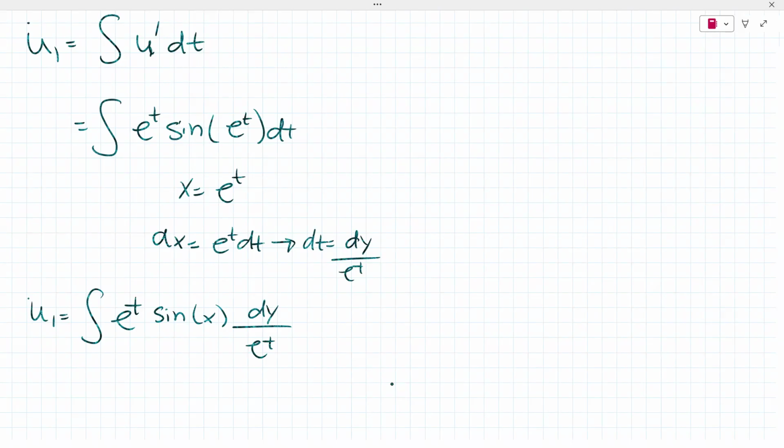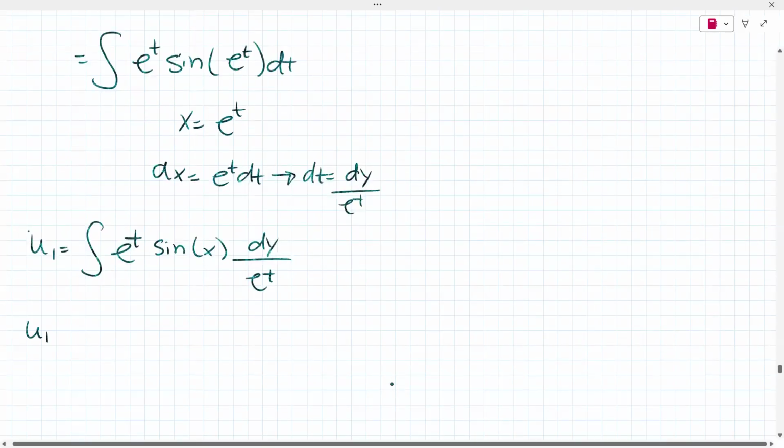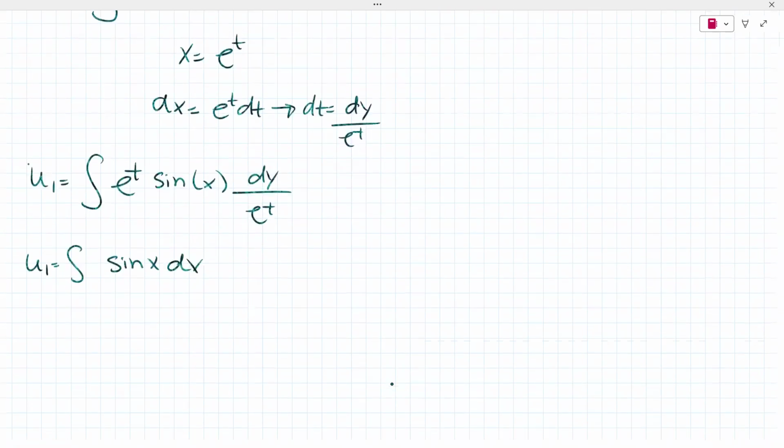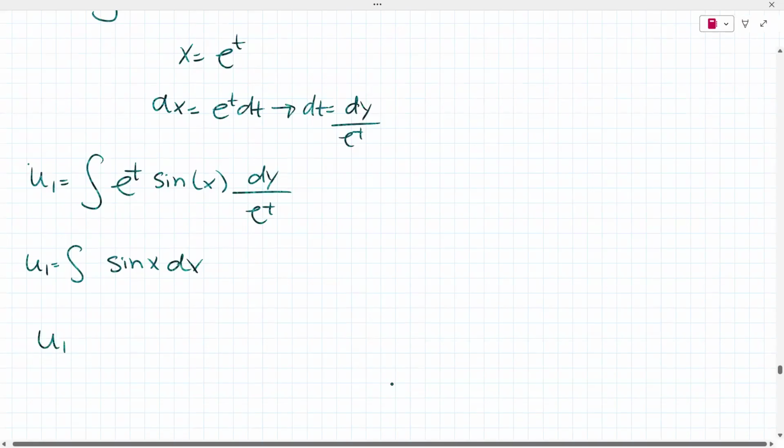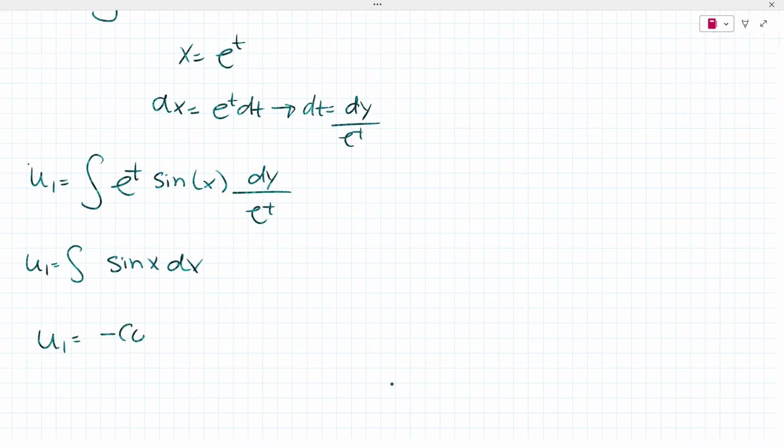And as you can see, the e^t's cancel, so your u1 is going to be the integral of sine of x dx. So my u1 is negative cos, because the integral of sine x is negative cosine, and then our x is e^t.